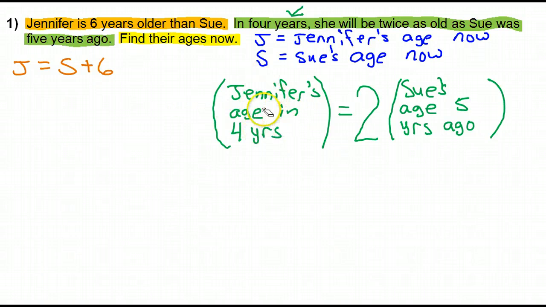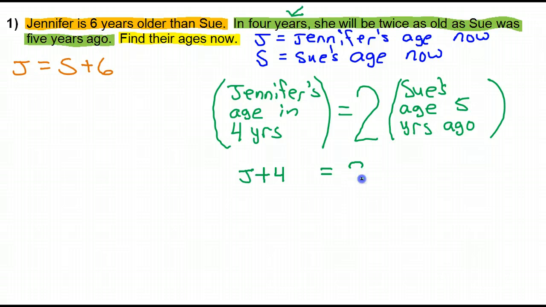Now, all we have to do is go back and replace these word expressions with algebraic expressions. So, Jennifer's age in 4 years. Well, J is Jennifer's age now. So what would be an expression for Jennifer's age in 4 years? That would just be J plus 4, 4 years from now.